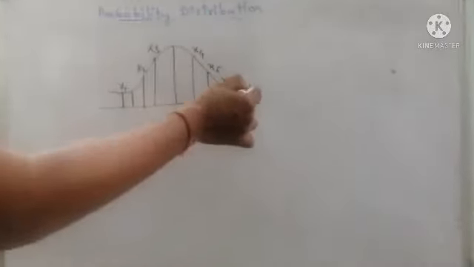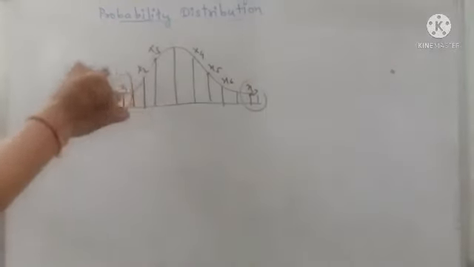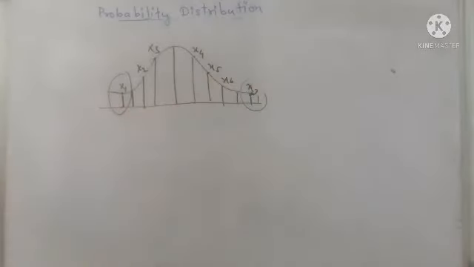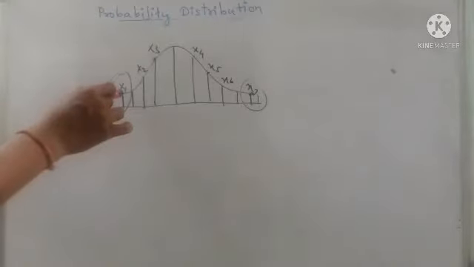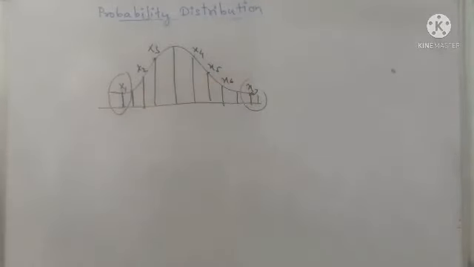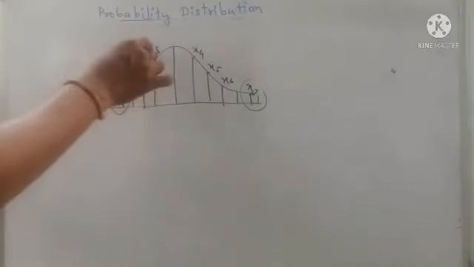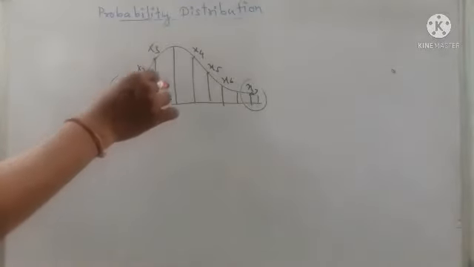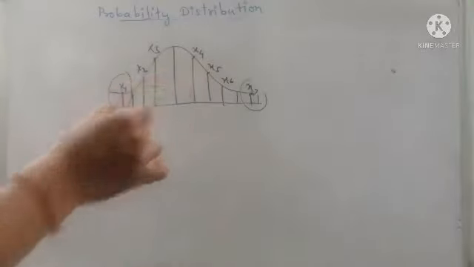As we know, x on the right hand side increases, but the number of variables x1 and x7, which are extreme, that means x1 is very small and x7 is very large, are less in number and have very less occurrence in a distribution as the height suggests. But x4, x3, which are in the middle of the distribution, occur more times than the extreme values.